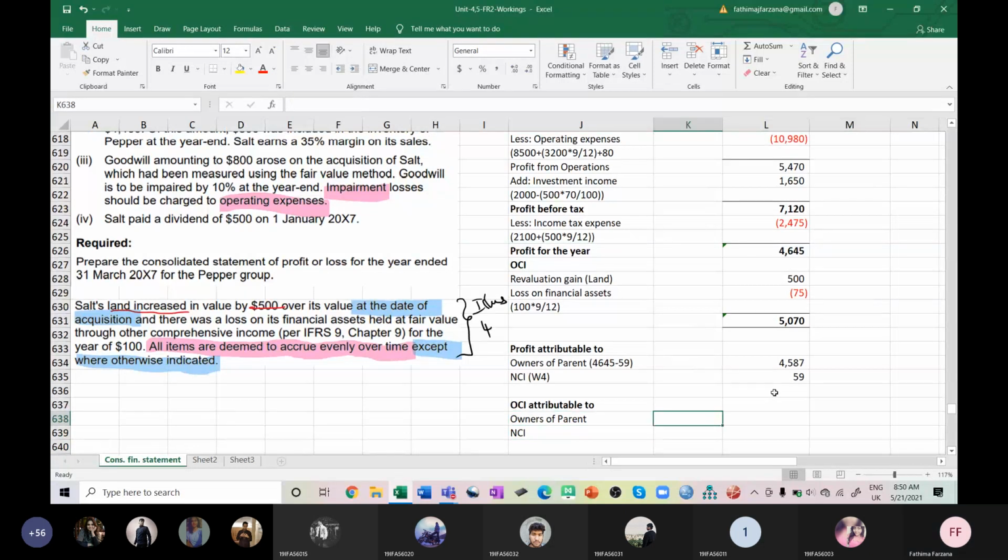So valuation gain or loss, how much is the total value? 5070, okay, so minus 59. Or also it's going to be the same.